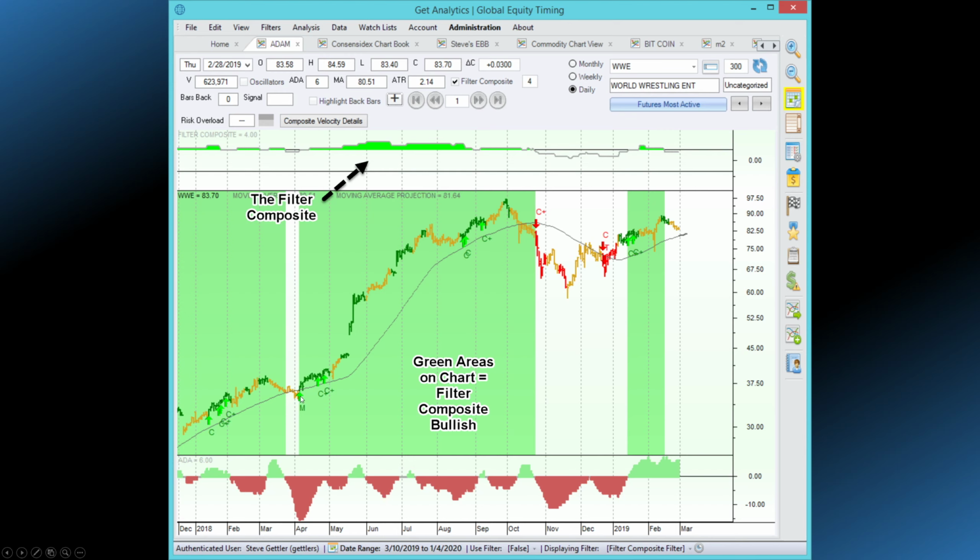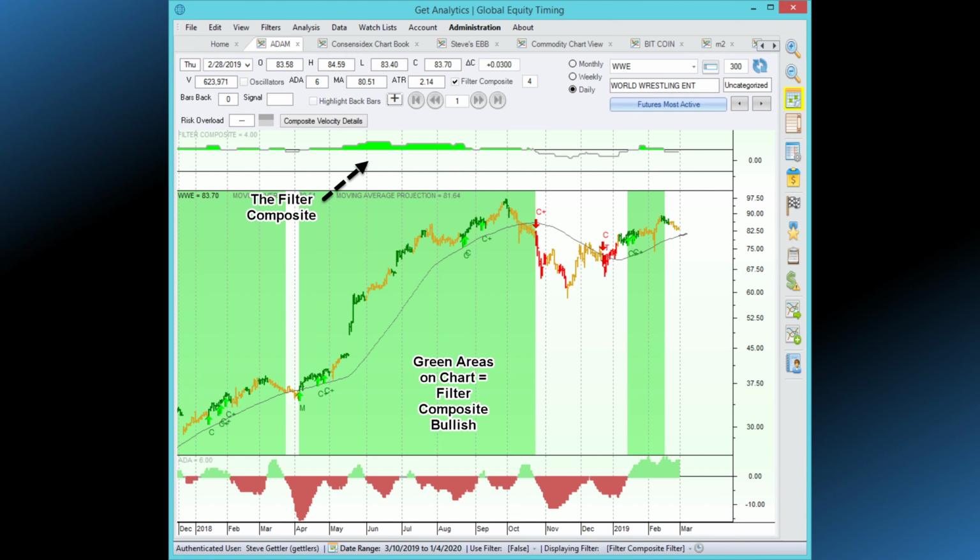We had a number of other filters positive at the same time: the ADA filter, the Consensidex filter, the price strength oscillator, and now the filter of filters. When they vote, all the filters were lining up as positive as well, and you can see the result of a beautiful up move.